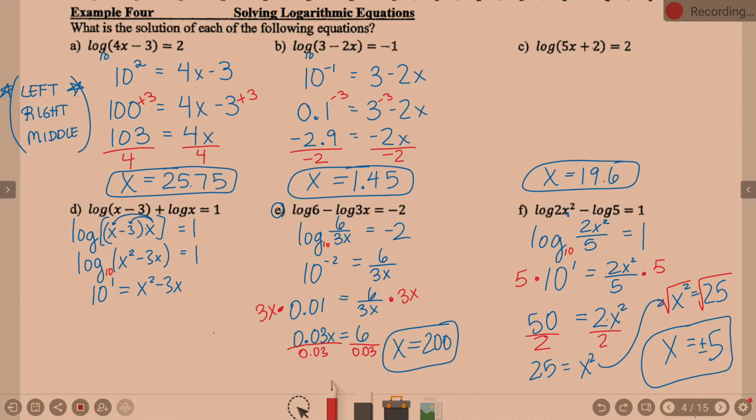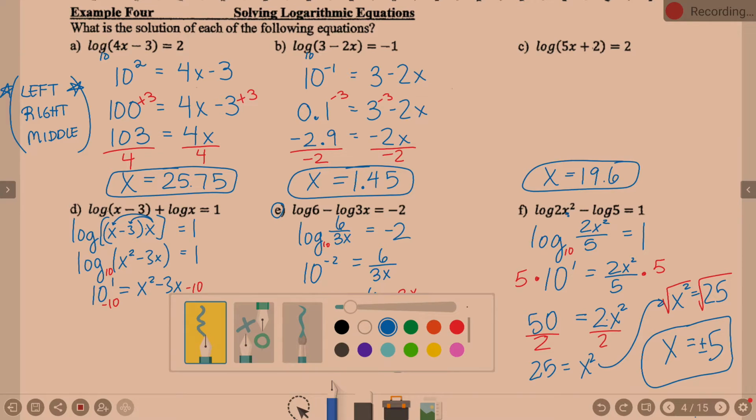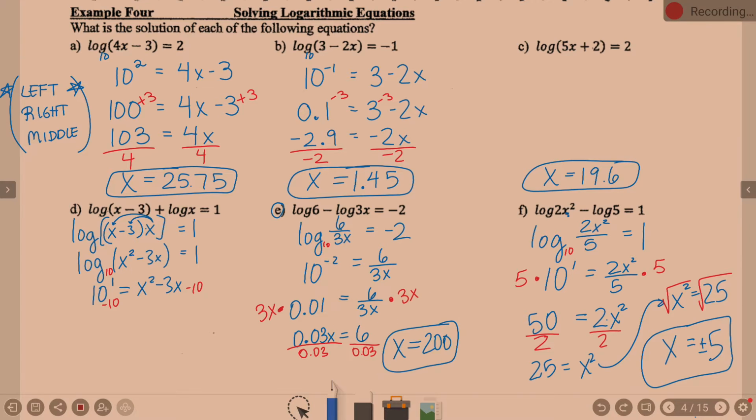I'm going to subtract the 10 over. So then, I'm going to have x squared minus 3x minus 10 equals 0. I just flipped those 2 sides without even thinking about it. Sorry. I tried to avoid that when I'm up here, but I subtracted the 10 over. It's x squared minus 3x minus 10 equals 0.